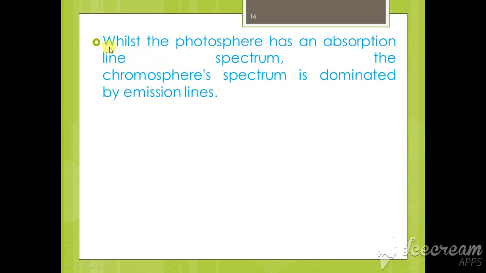Continuing with the chromosphere, while the photosphere has an absorption line spectrum, the chromosphere spectrum is dominated by emission lines. It's important to understand that the photosphere has absorption lines dominantly, but the chromosphere is dominated by emission lines.